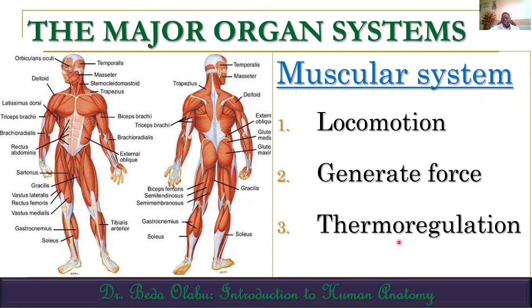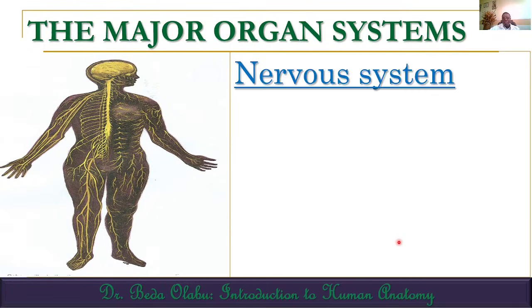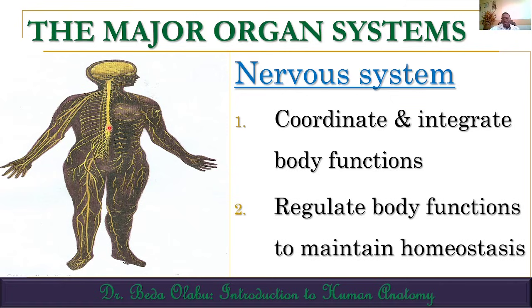Right. Let's talk about the fourth system. The system you're seeing is the nervous system. I know in your learning you'll come across central nervous system and peripheral nervous system, but for now, let's just call the whole system the nervous system, whether central or peripheral. The nervous system basically coordinates and integrates body functions, and in so doing, regulates body functions to maintain homeostasis.